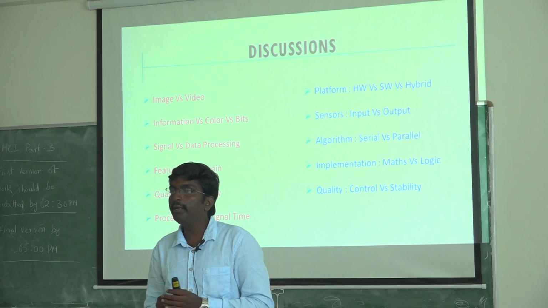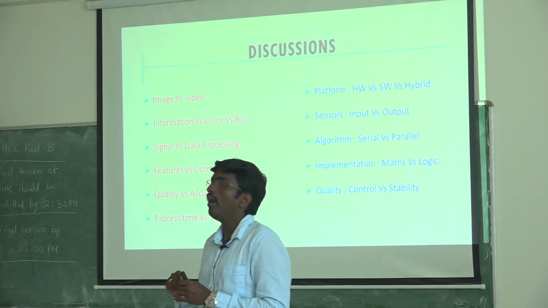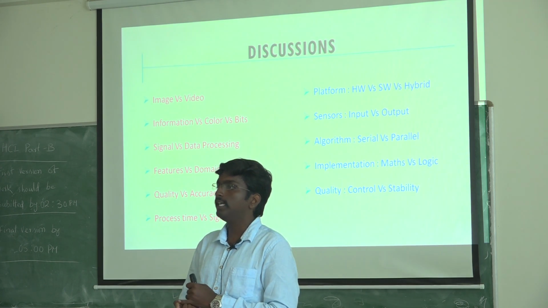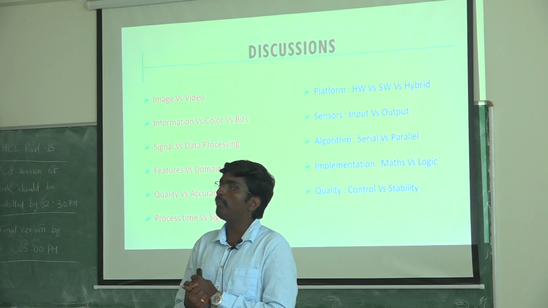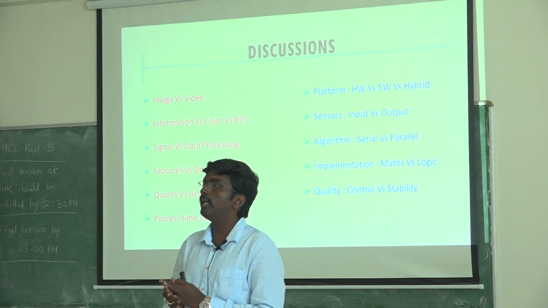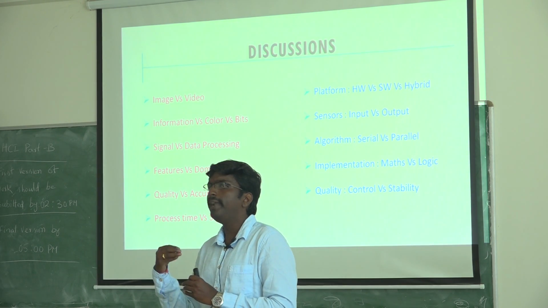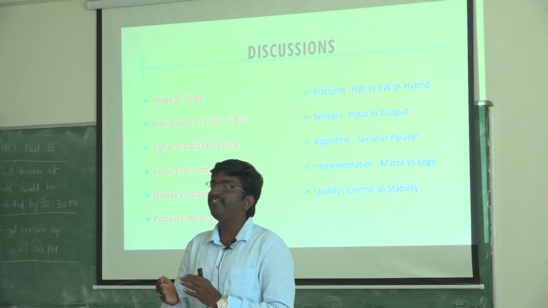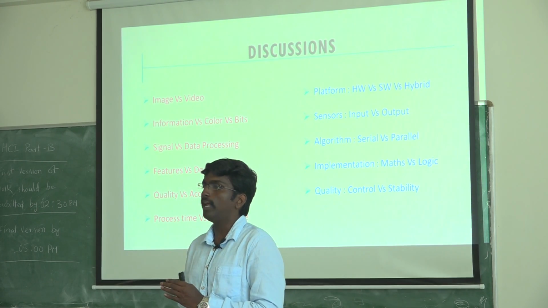The next is implementation. This defines how you define your algorithm, from a mathematical point of view or a logical point of view. Mathematical means you need all the mathematical concepts, formulas, background data processing and signal processing algorithms. Based on this, you can define your function and say what kind of changes will happen.